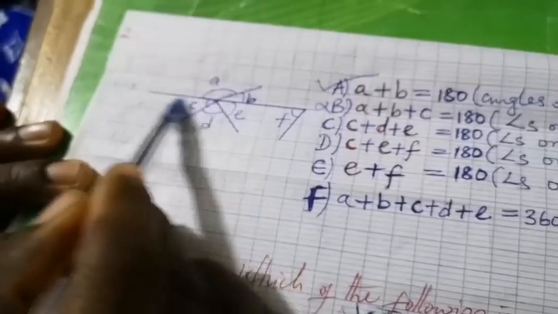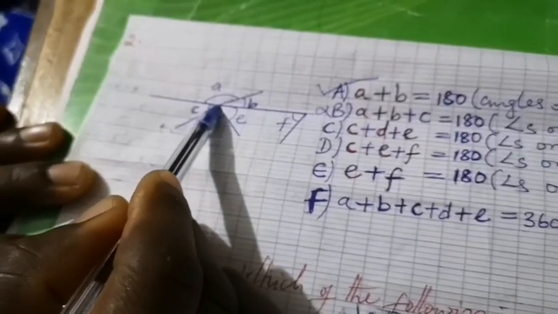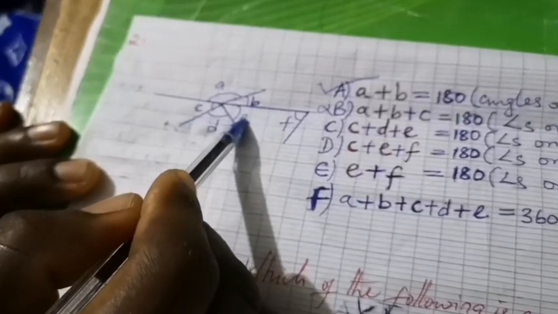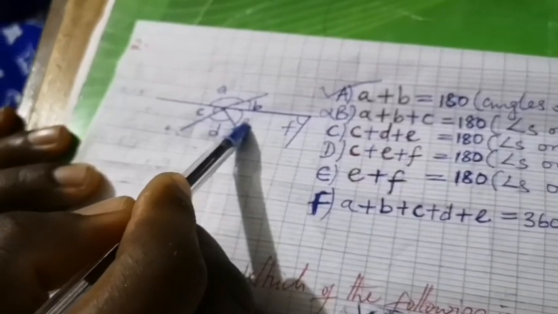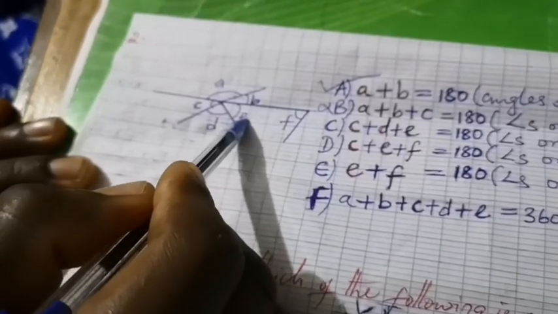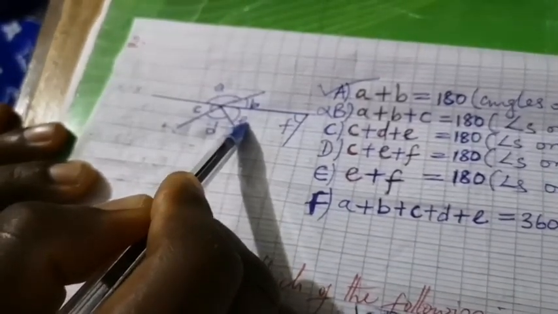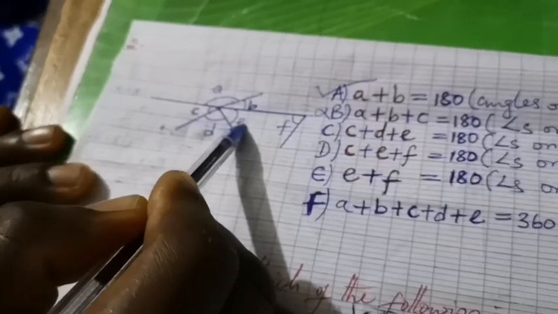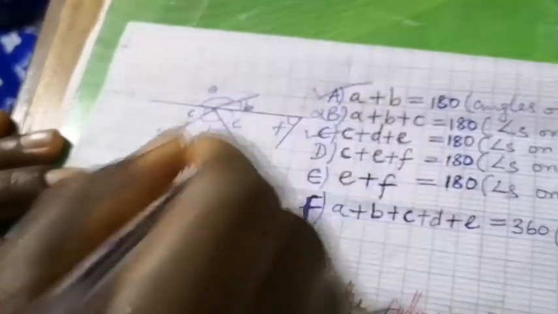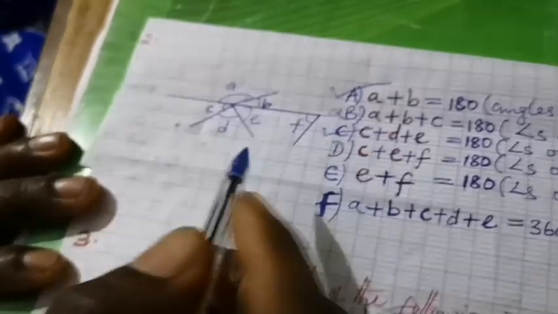Because of that, we can now say that C, D, and E are actually angles on a straight line. So C plus D plus E will sum up to 180 degrees, and the reason is angles on a straight line. So that one is correct. Okay, I hope you are following it now.